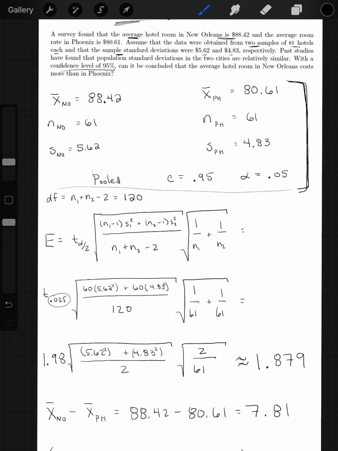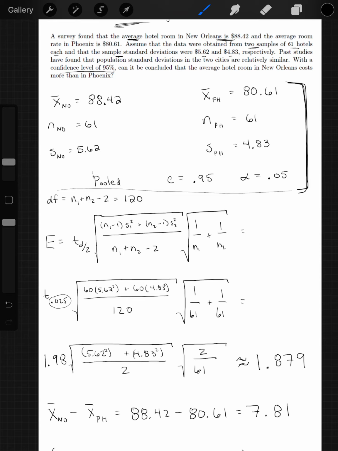And next we had a problem talking about hotel room prices. As we read through, it's talking about a survey. So we're pretty sure it's a sample. Surveys usually have to do with samples. And the next sentence confirms it. It says that the data here was obtained from 2 samples.